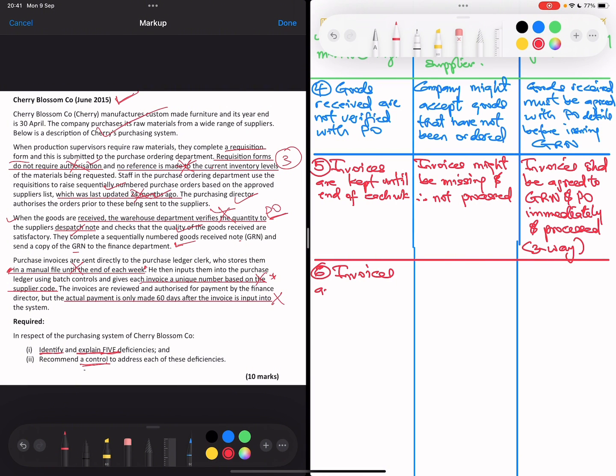Invoices are given unique number based on the supplier code.